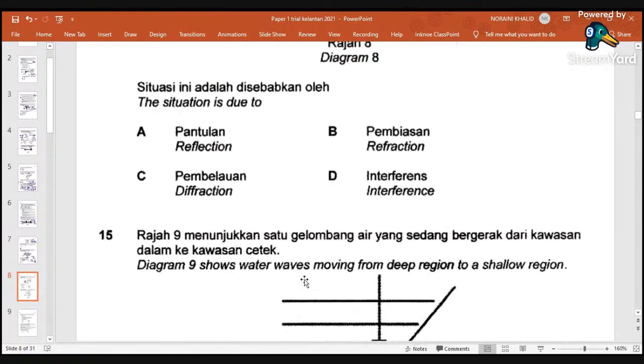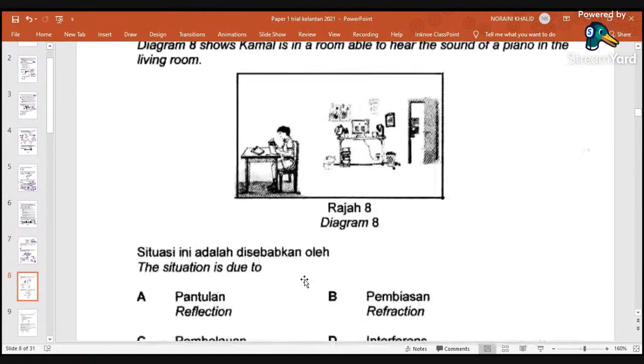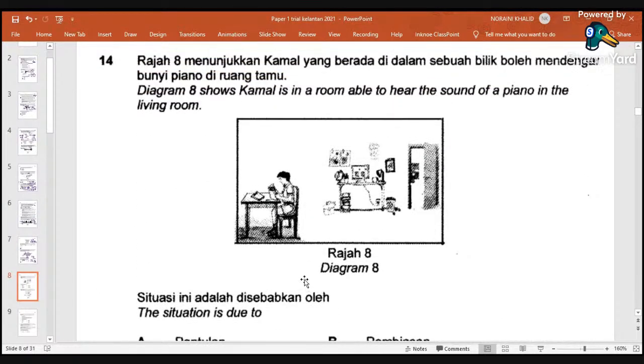Okay, now look at number 14. Diagram 8 shows Kamal in a room able to hear the sound of piano in the living room. The situation is due to, as the sound wave travels, it is able to pass through the door here. Beside, we can see the wall acts as an obstacle. So the door here acts as a gap or opening.